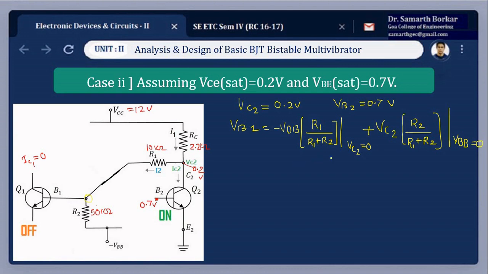So we have to consider two scenarios and then add them up. First scenario, set VC2 equal to 0. Second scenario, set VBB equal to 0.